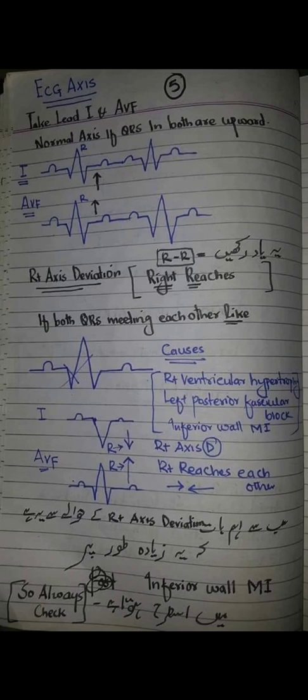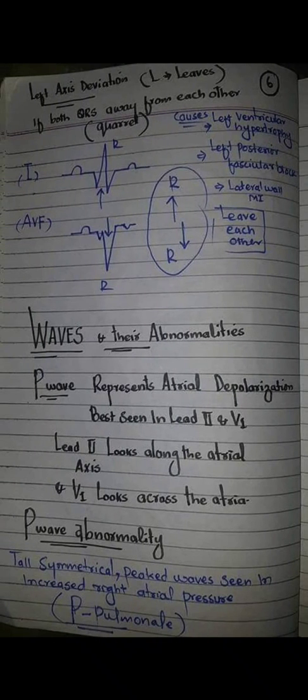In right axis deviation both QRS reach each other, and mostly you can see it in inferior wall MI. And if both QRS leave each other, take L from leave, and it means left axis deviation. So it's a very easy mnemonic. You can see it through lead 1 and aVF.